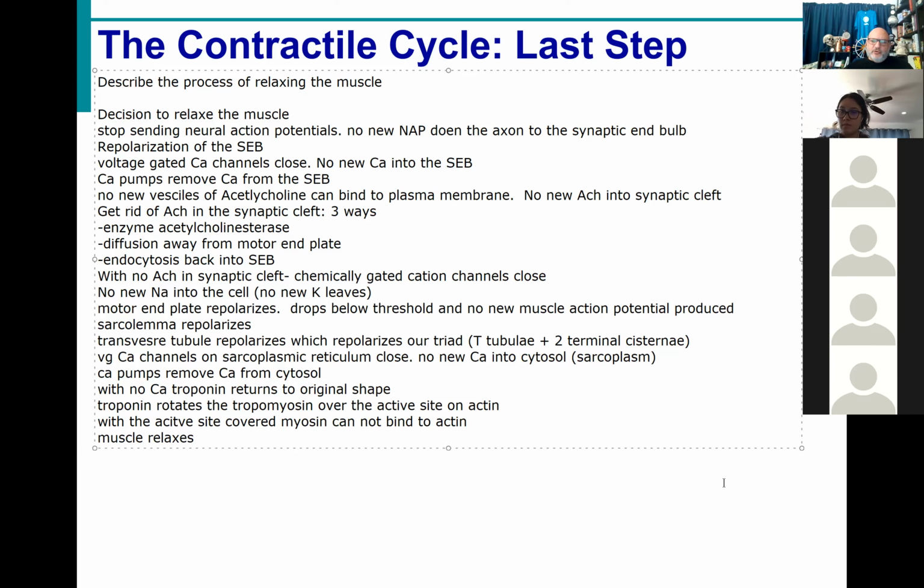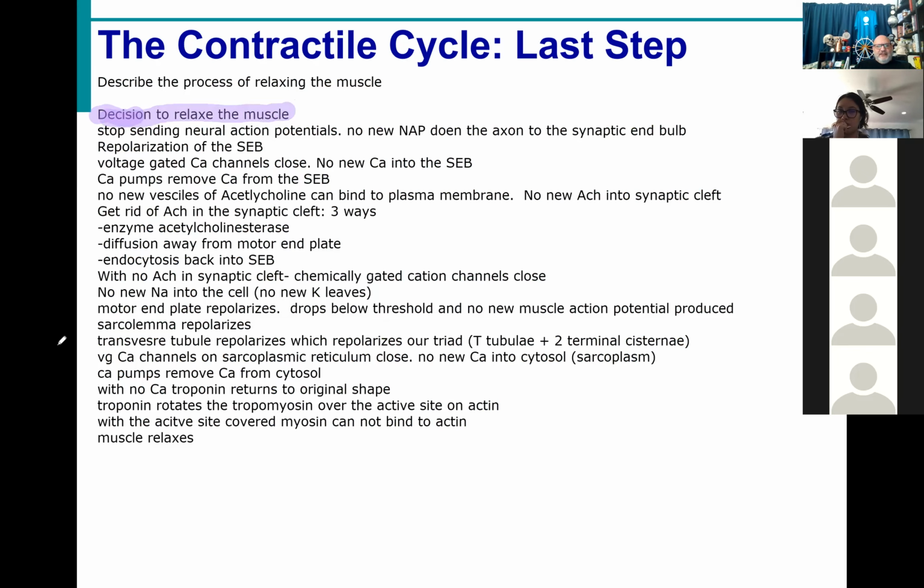Notice there's no new information there. Those are just the two steps we talked about, right? Step one, termination of communication at the neuromuscular junction, starts here with the decision. If the essay question on the exam was to describe the process of terminating communication at the neuromuscular junction, the first thing you would say is that we decide to relax the muscle.